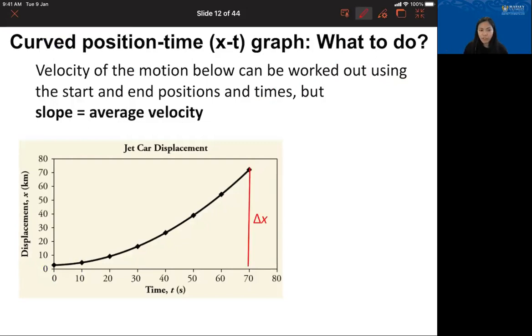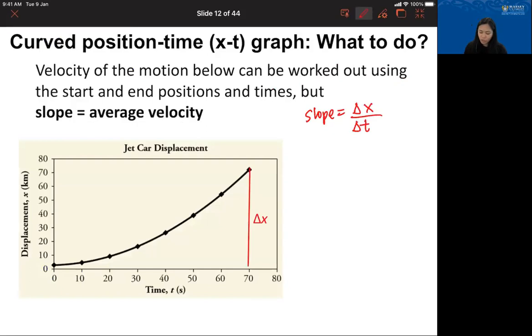So the slope is still the change in the y-axis value, which is the change in position or displacement over the time interval.